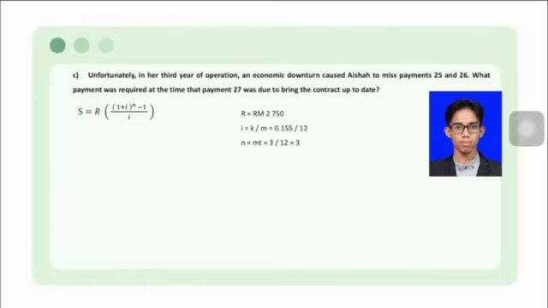And for the n, we'll get for the 3 months, because the payment was made at the 3rd month, that is 27, so the 25th and the 26th month, and 27 we total to 3 months, and we must change it to the year by dividing by 12, so we get n equal to 3. So we take the info that we get and fill in the formula. We get the answer is 8,357 and 2 cents.